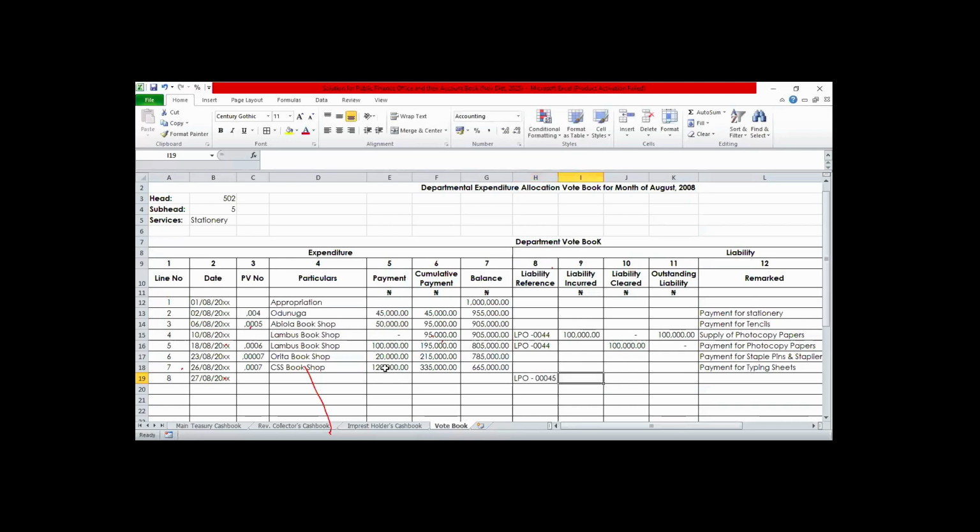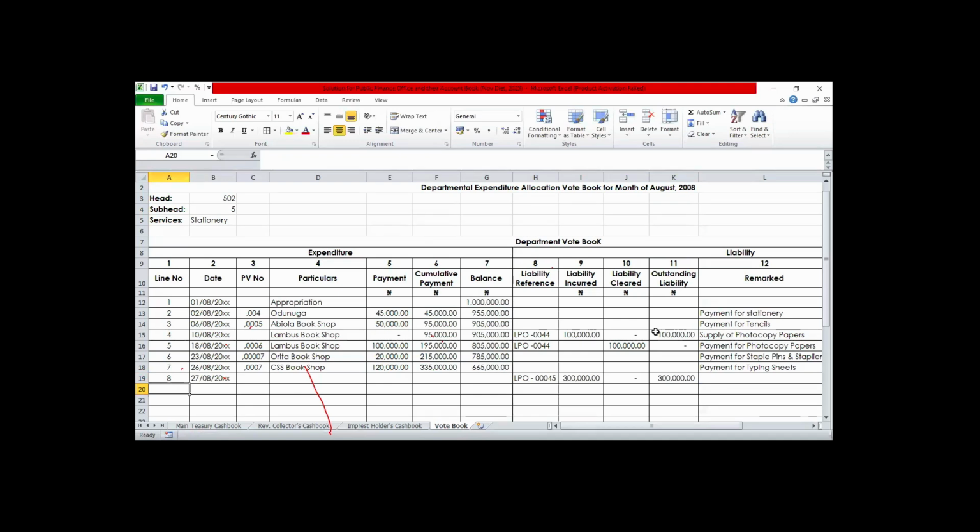Okay. I'm with you. What's the amount incurred on that? 300,000. Liability cleared is 0. Outstanding liability 300,000. Adding the 100, we have not made payment for that. Do you understand? We are going to add it together.